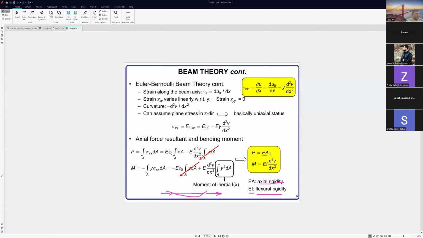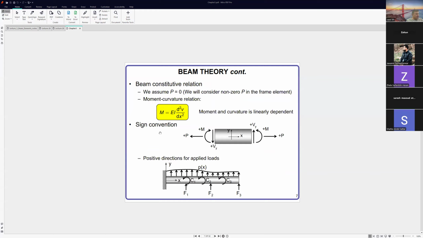So here we will assume P is 0 in the axial direction. What will remain here? Just only shear and moment working.